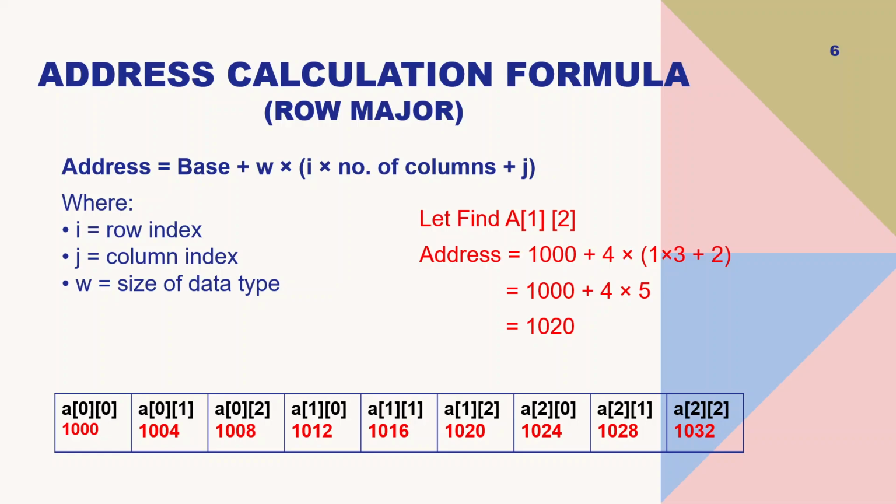In row major order, complete rows are stored first, and that is why the number of columns is used in the formula. So this is how address calculation works in a 2D array using row major order. In the next video, we will learn column major order and how its formula works.